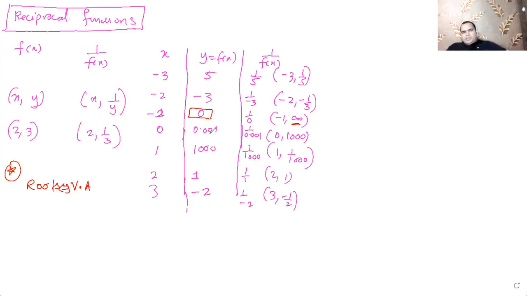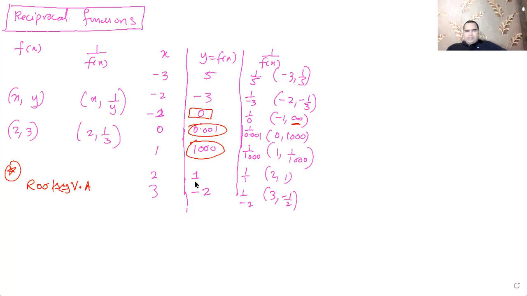You can see that wherever the y value is really large, its reciprocal is very small, like 0.0001. So wherever you have a vertical asymptote, that becomes roots, and wherever you have roots, that becomes a vertical asymptote. Number two is that if your function has a very small y value, its reciprocal is a big value.